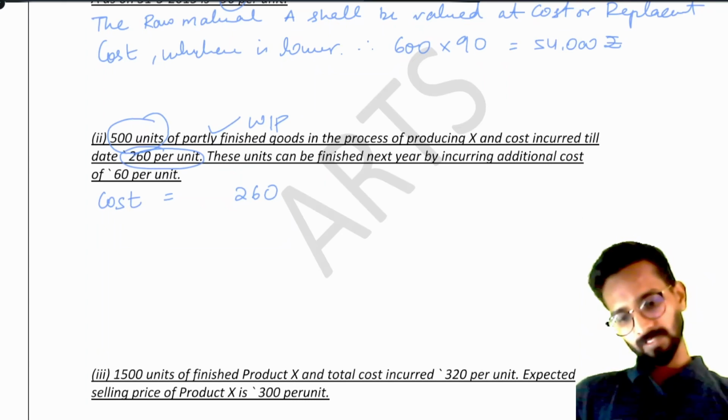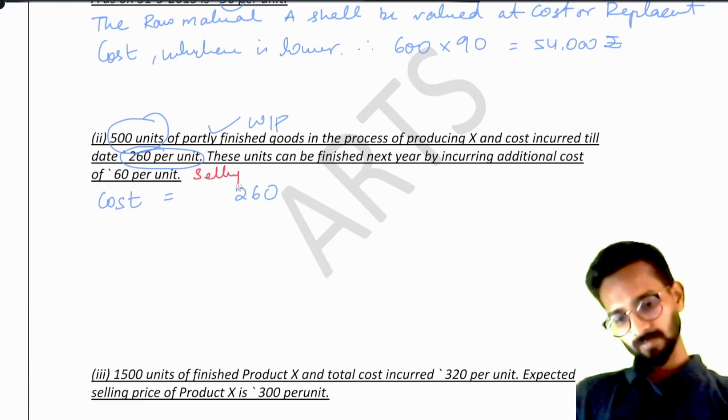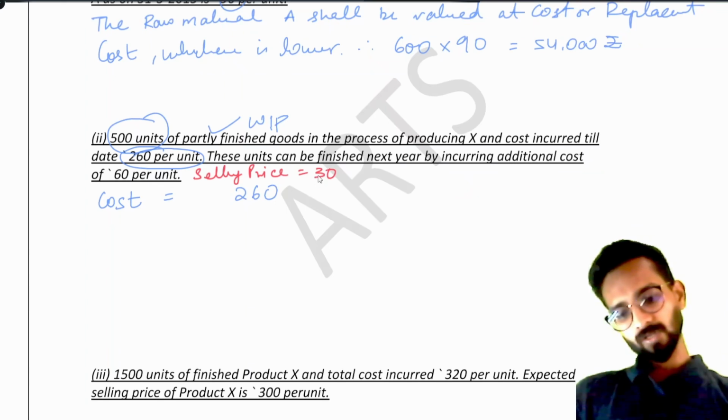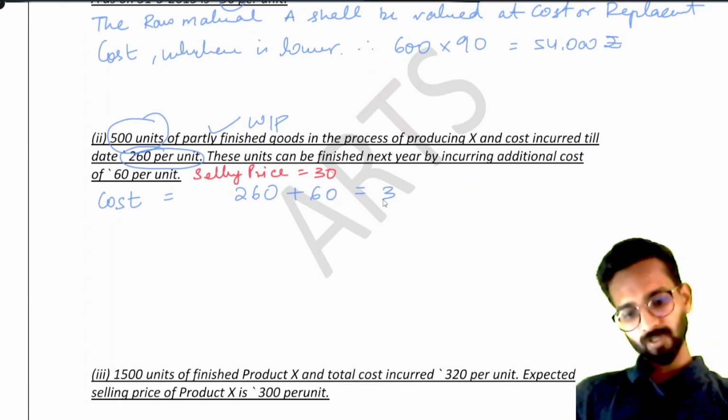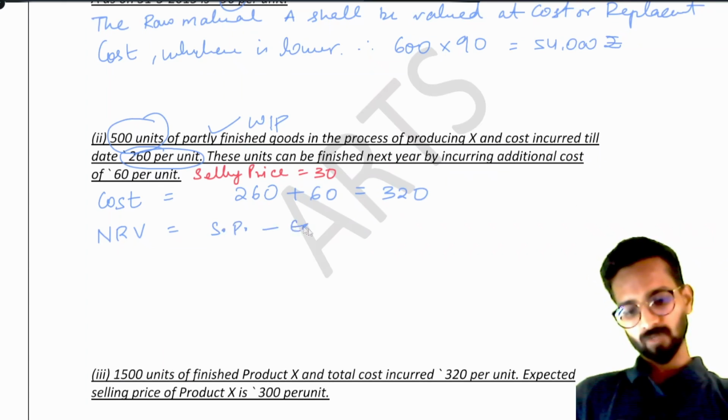We have to put another detail here in the question: selling price given is 300. Now cost is already given 260 plus 60, so the cost will become 320 rupees, and we will calculate net realizable value as selling price minus extra cost. How much is the extra cost? 60 rupees.